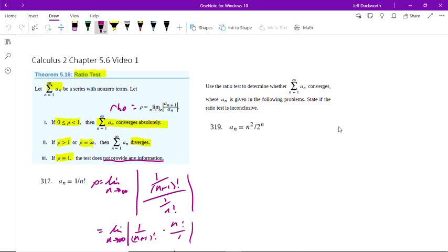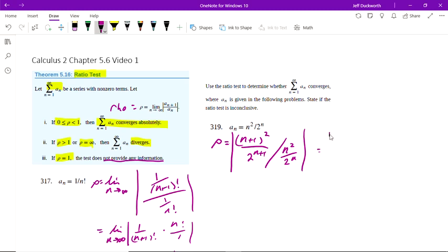All right, so let's try 319. If we use the ratio test, we get rho equals (n plus 1) squared over 2 to the n plus 1, and since we're dividing, we'll divide by n squared over 2 to the n.